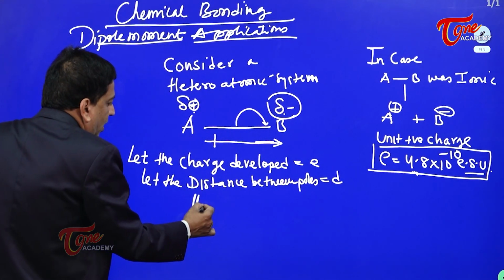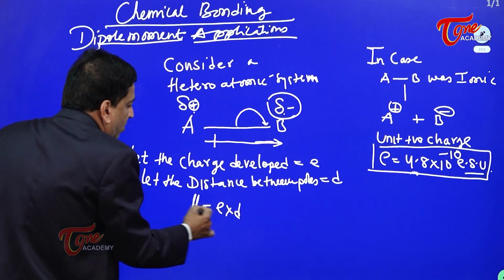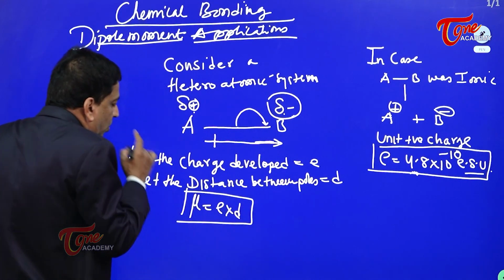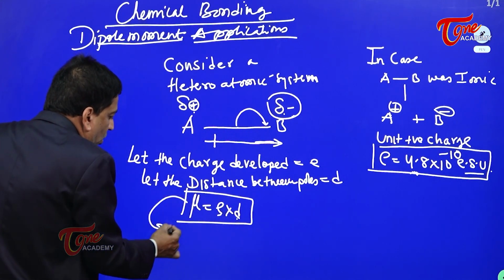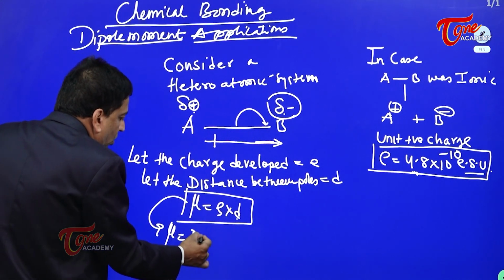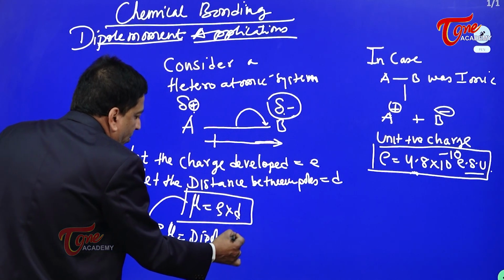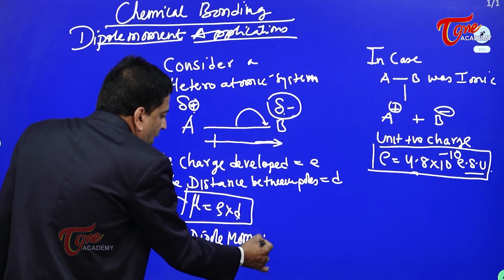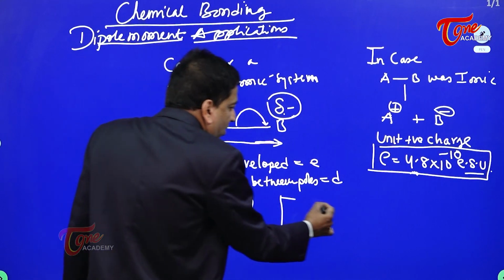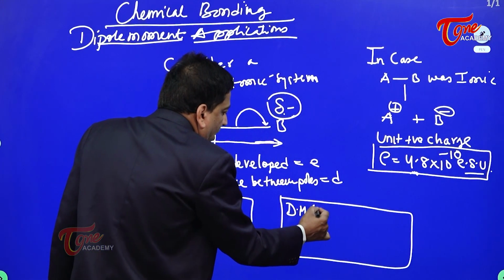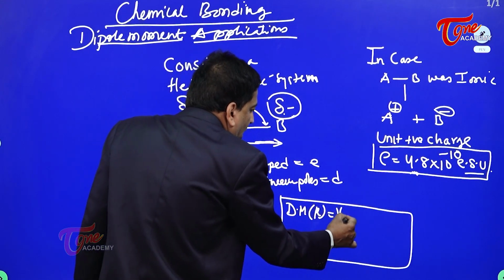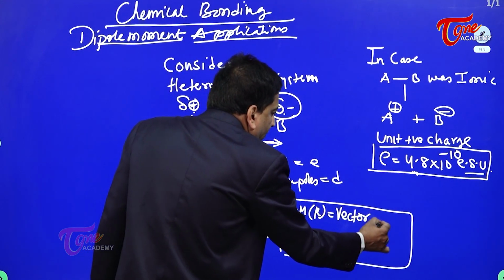Then mu is equal to e into d. You must understand. Mu is e into d. The product of e and d is nothing but mu, where mu is called the dipole moment. And let me tell you that this dipole moment represented by mu is basically a vector quantity.